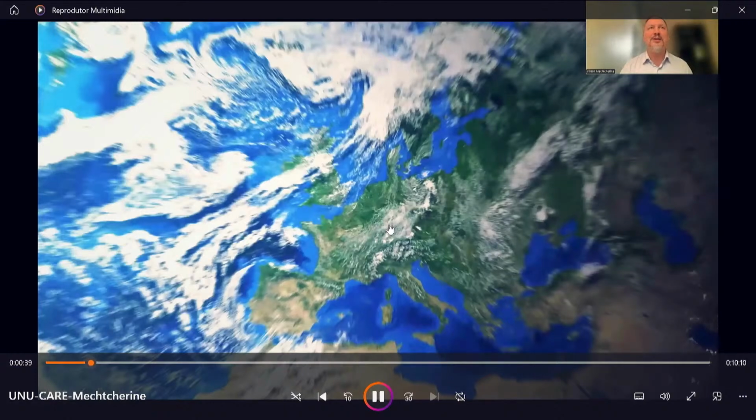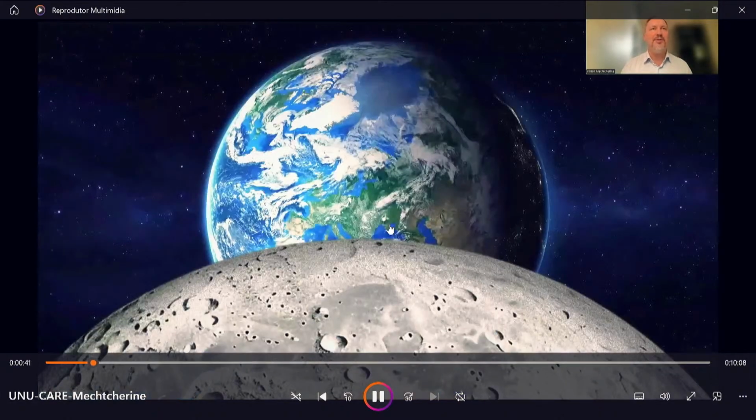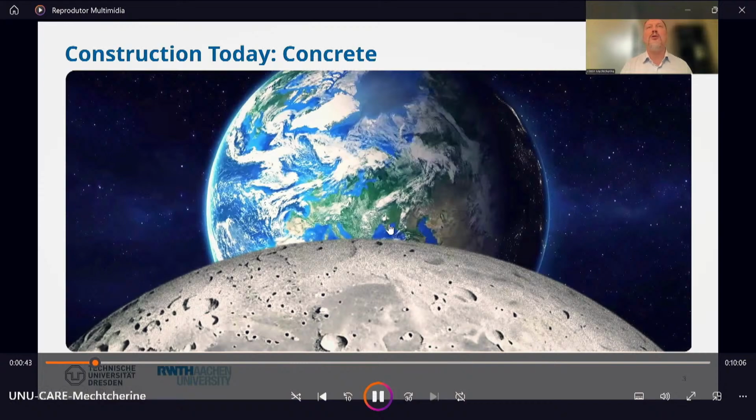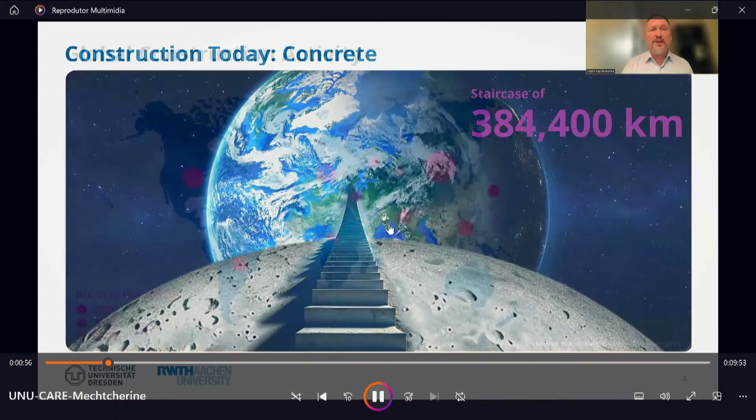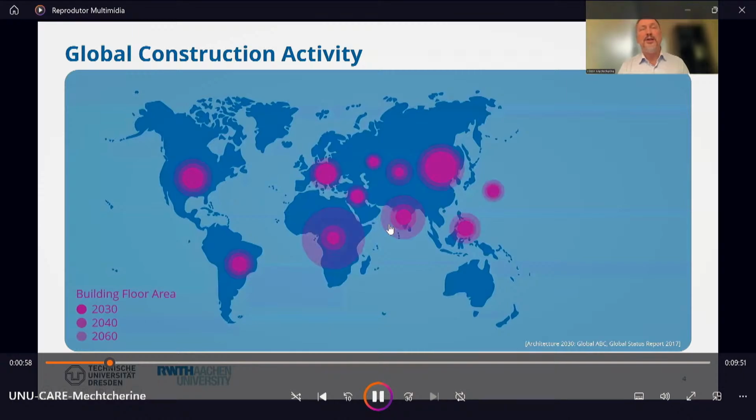But let me ask, how do we build today? Concrete dominates construction, accounting for 80% of the total volume. Every year, the world pours enough concrete to build a staircase to the moon. The demand is astronomical too, and it's growing fast. By 2060, global construction activity is expected to double.